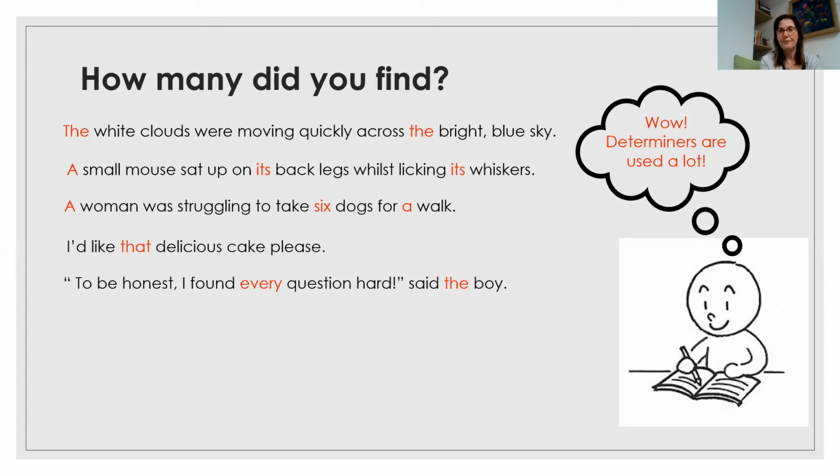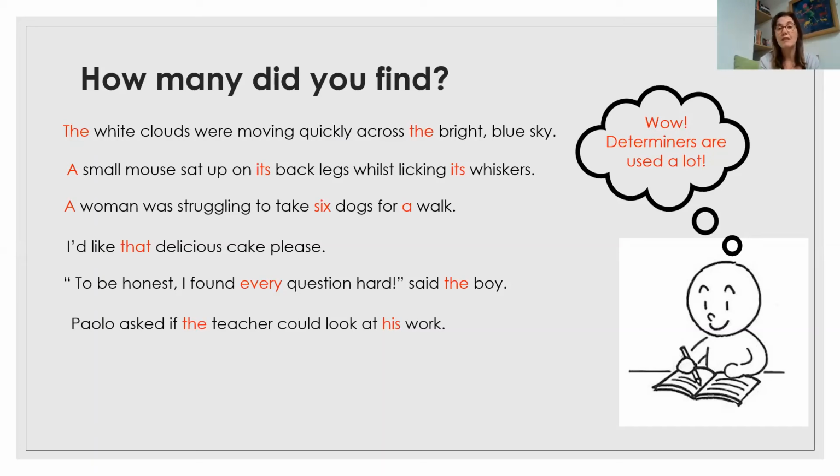Every question. Can you remember which type that was? It's a quantity one, isn't it? The boy, it's a th one, so it's a th determiner. So in that sentence, you should have underlined every and the. Those are our determiners. Let's look at the next example.